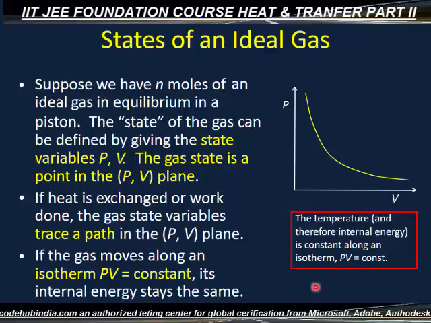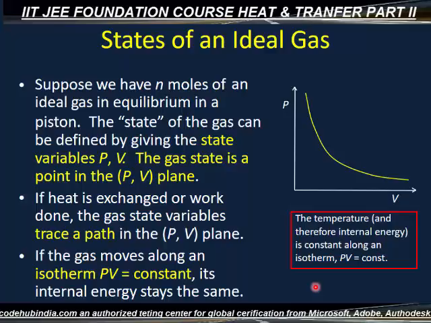So, the state of an ideal gas. Suppose we have n moles of ideal gas in equilibrium in a piston, the quantity of gas inside the piston and head of that cylinder. The state of the gas can be defined by giving the variables P and V, as I told you earlier.